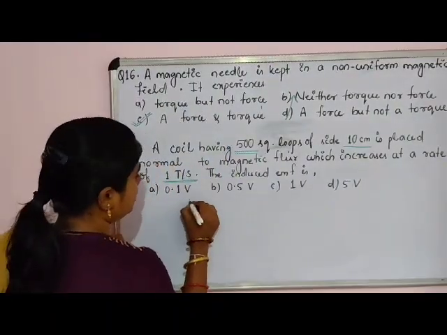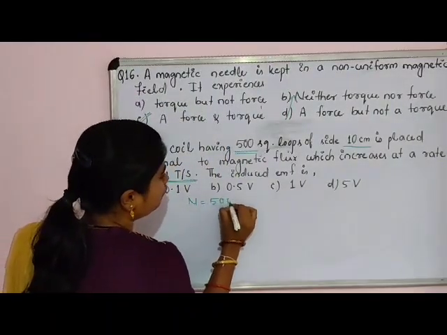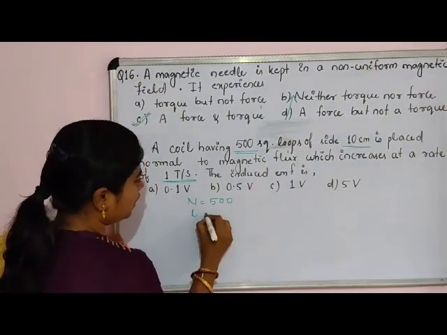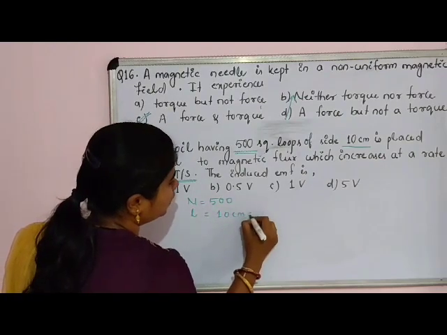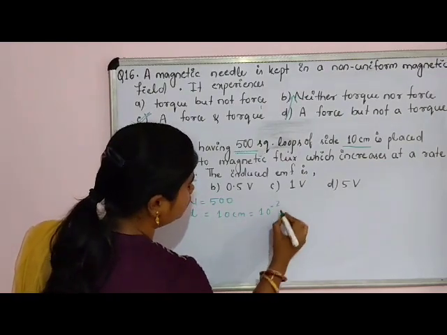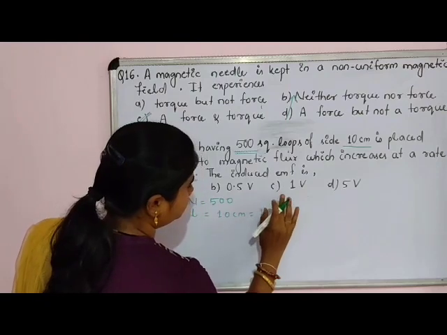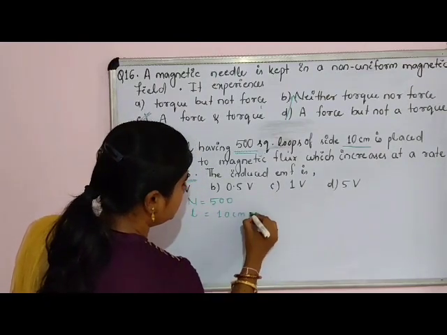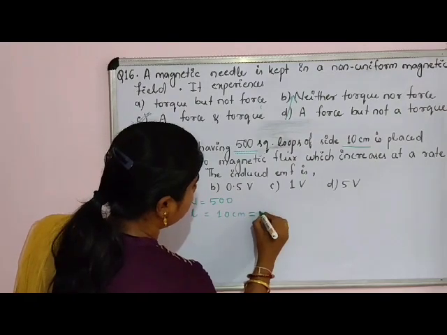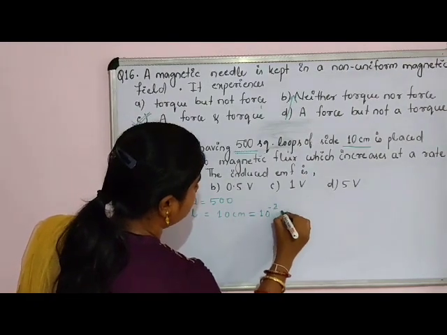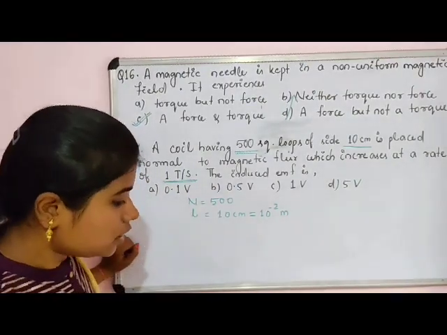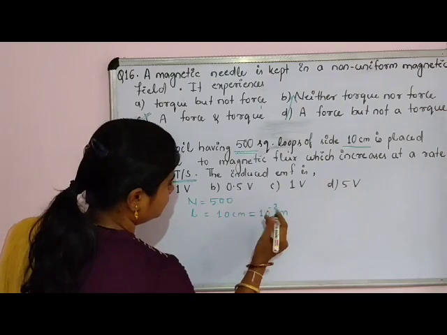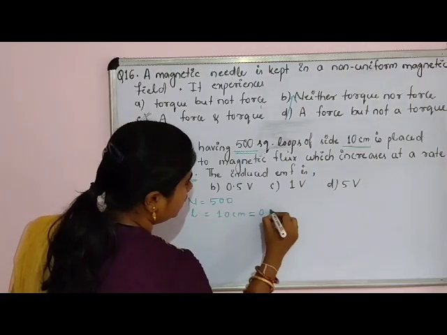Now see, the number of turns is equal to 500, and it's a square loop. The side of the square loop is 10 centimeter, or you can write 10 to the power minus 2 meter, so in other words 0.1 meter.